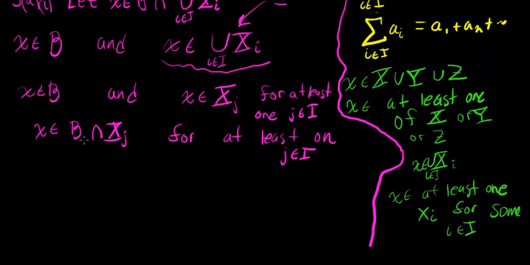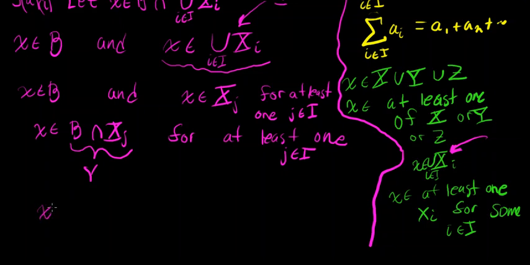Then if x is in B intersect x sub j for at least one j in I, since B has no index associated with it, we can just substitute this B intersect x sub j into here for this definition of x being in at least one x sub i for some i in I. So this set could be this set over here. We could call it y.